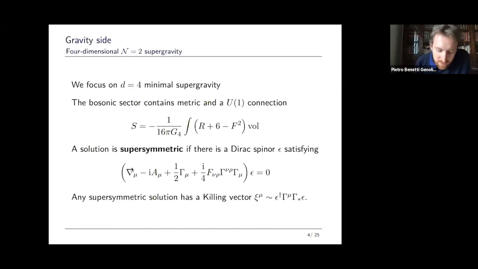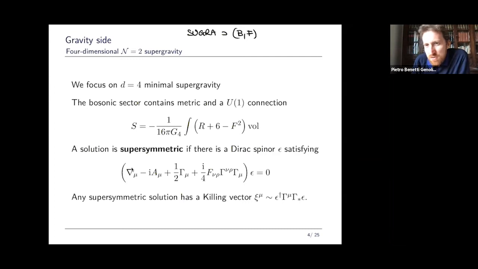No, so the way it arises is the following. Okay, so a small detour into supergravity. A supergravity theory contains a set of bosonic fields and a set of fermionic fields. This is generic, right? And they are supersymmetric.